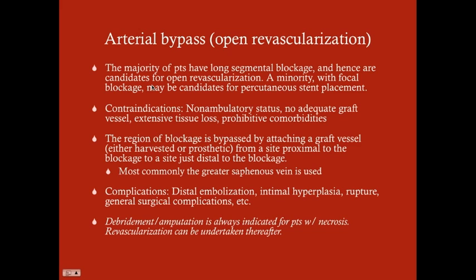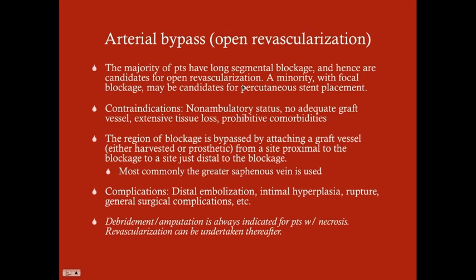What are the contraindications for revascularization? One, if they're non-ambulatory. Patients who are non-ambulatory, we can't really improve anything for them anyway. What we'll do for them is amputate if there's gangrene.